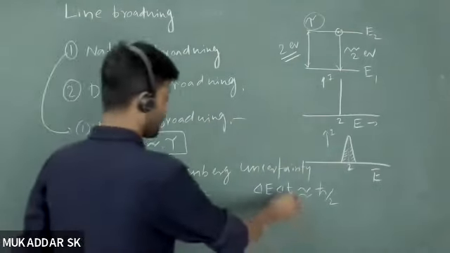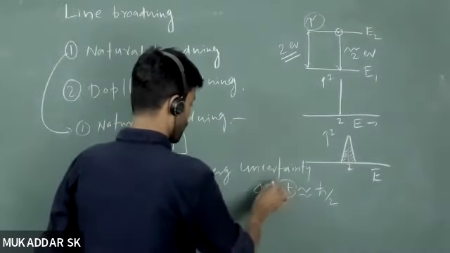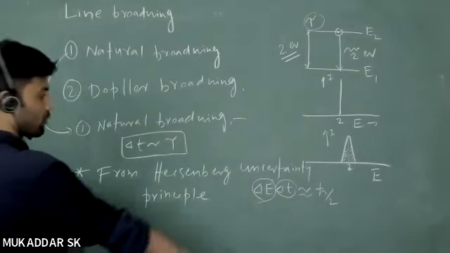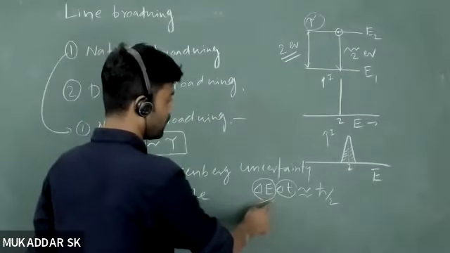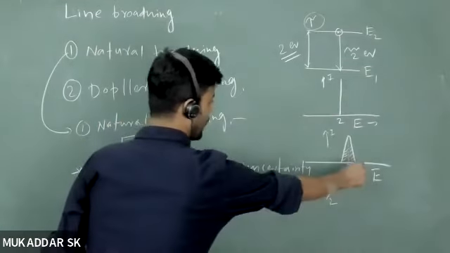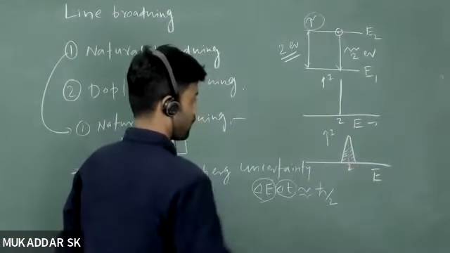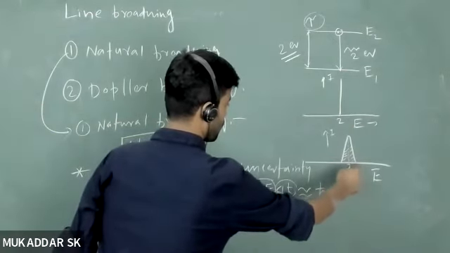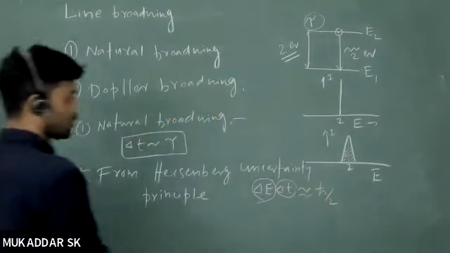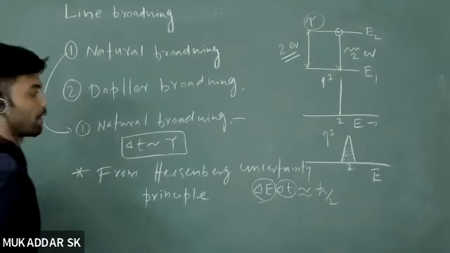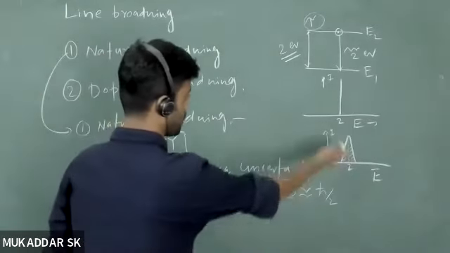So if there is an uncertainty in time, of course there is an uncertainty in energy. If there is uncertainty in energy, obviously you will not get a sharp peak. You will get a delta amount of shift above, beyond the peak, and also below the peak. So due to uncertainty in atomic transition, there is a broadening of the spectral line or spectrum, you can say.